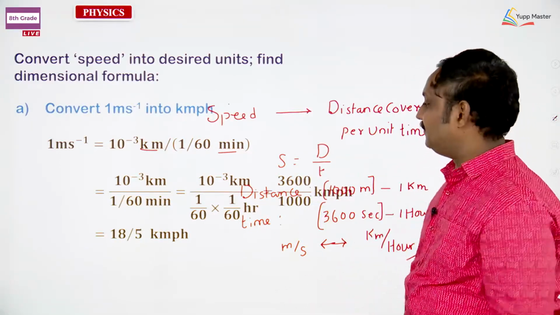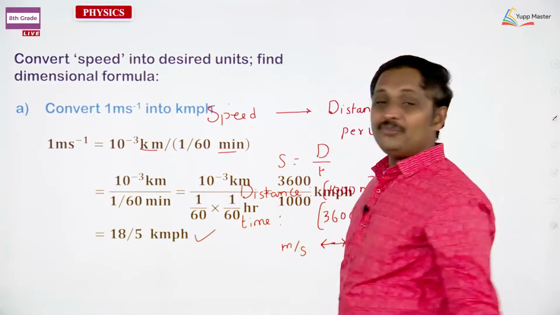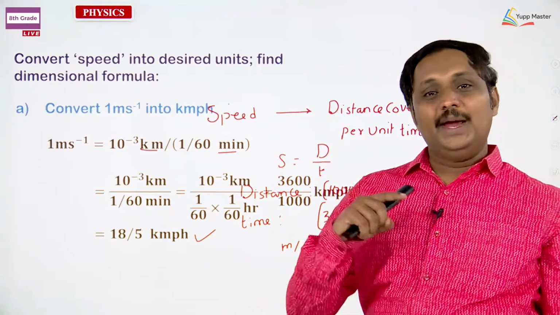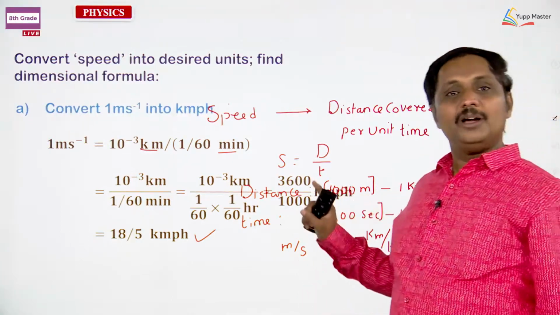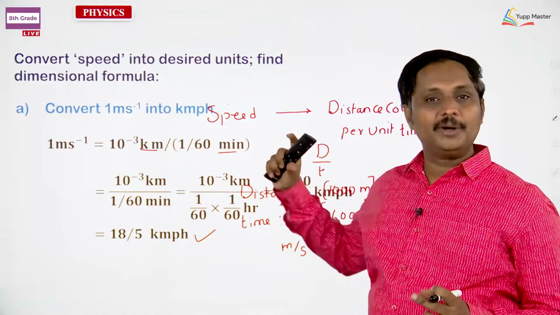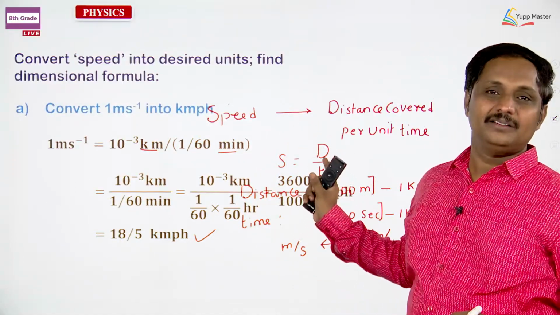Finally, 1 meter per second is equal to 18 by 5 kilometer per hour.